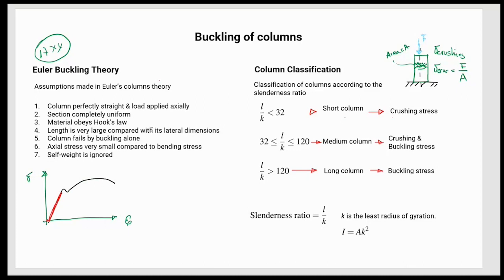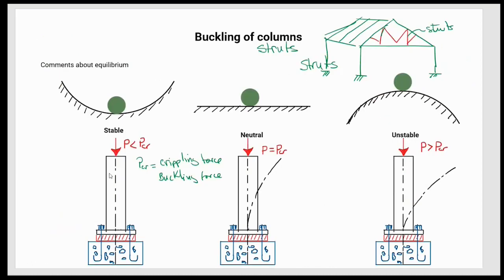Length is very large compared with its lateral dimensions. This is a very interesting comment, because from an engineering point of view, you always have to ask what's the correct ratio between length and lateral dimensions. If I come back to this figure, this dimension here, the longitudinal dimension, is considerably larger than this one here, the lateral dimension.